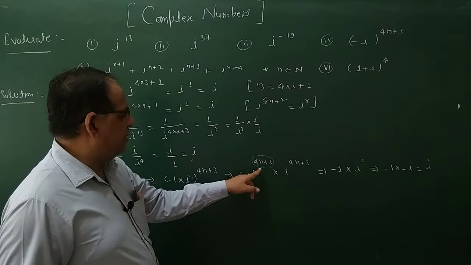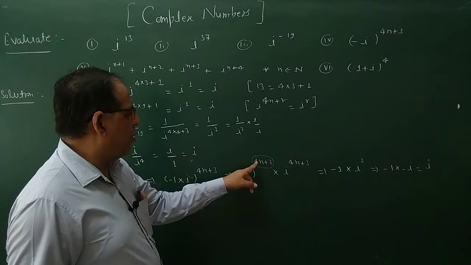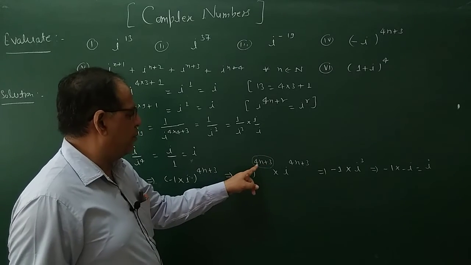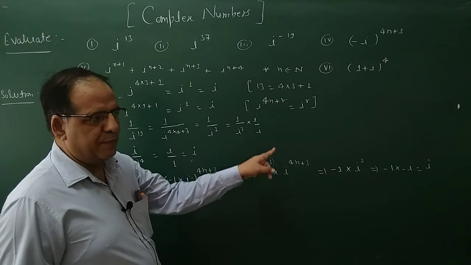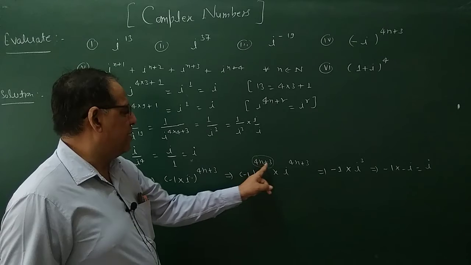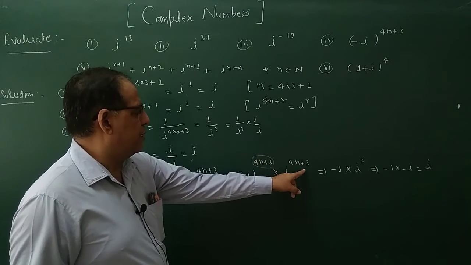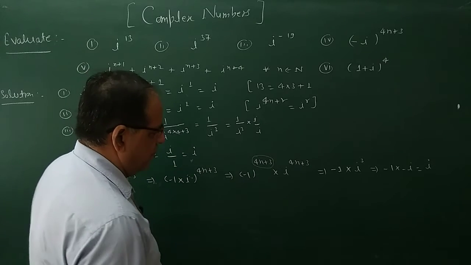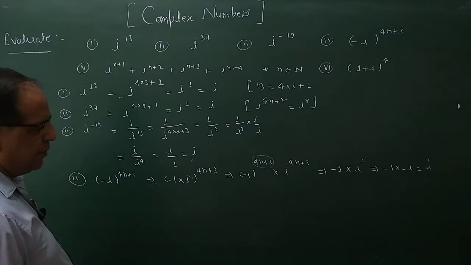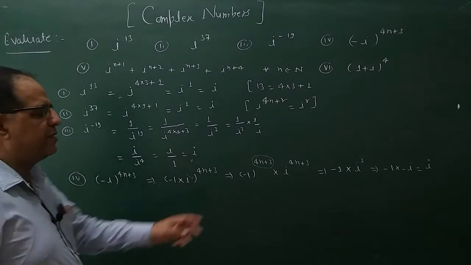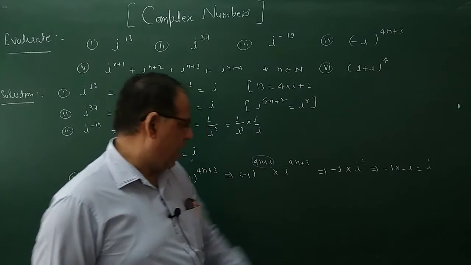Each odd number can be expressed in the form of 4n plus 1, 4n plus 3, 4n plus 5. So this number is always odd, so minus 1 to the power odd is negative. Iota to the power 4n plus 3 can be expanded as iota power 3, so this becomes minus 1 into minus iota, so the final answer we have is iota.